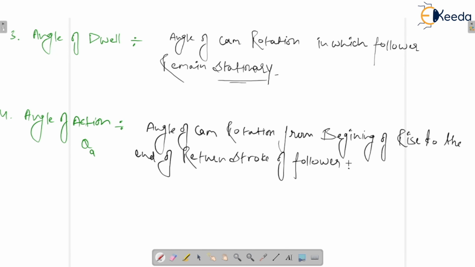The total angle covered by the cam from the beginning of rise of the follower to the end of the return stroke of the follower is the angle of action.